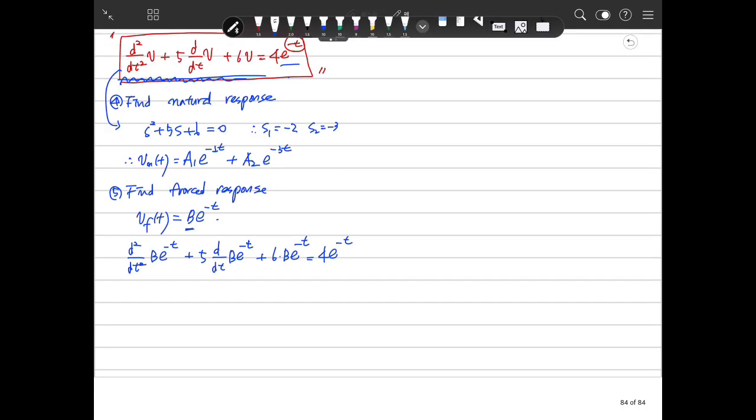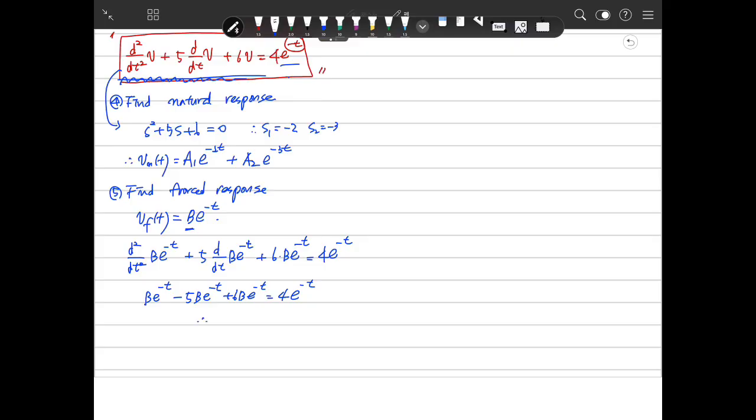To get it, there will be b e^(-t) plus minus 5 b e^(-t) plus 6 b e^(-t) will be 4 e^(-t).